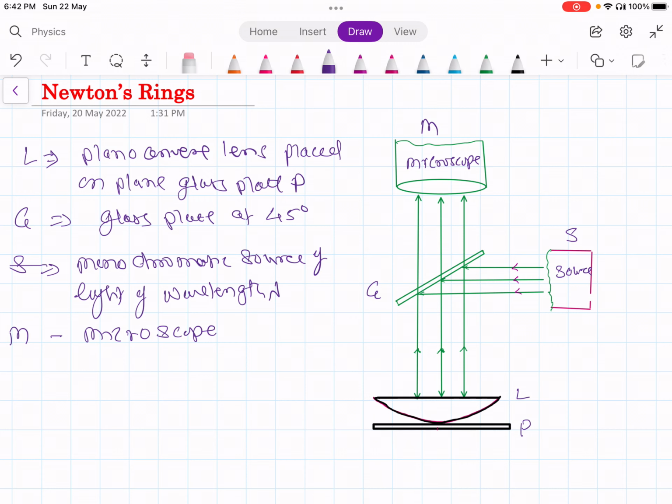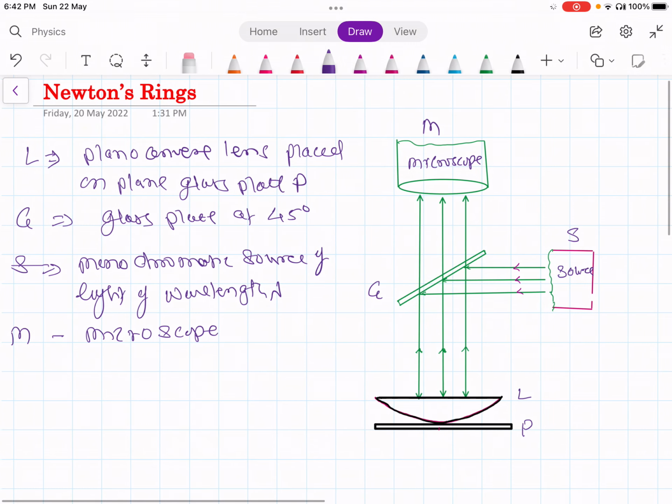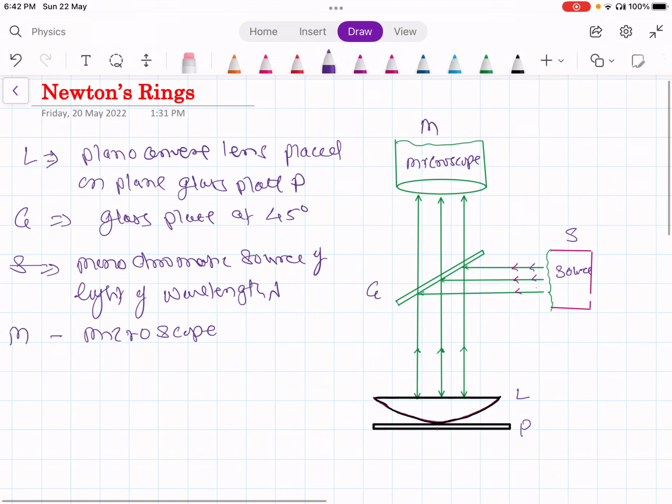So what happens in this case? From the monochromatic source of light we get monochromatic rays. These rays fall on the glass plate G first, where they are partially transmitted and partially reflected.